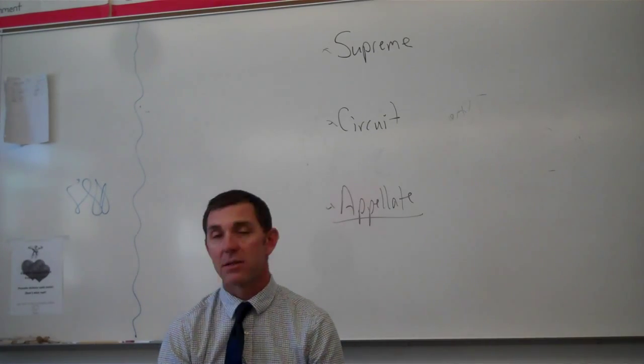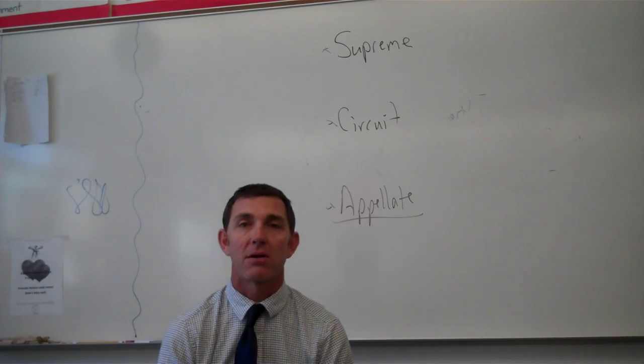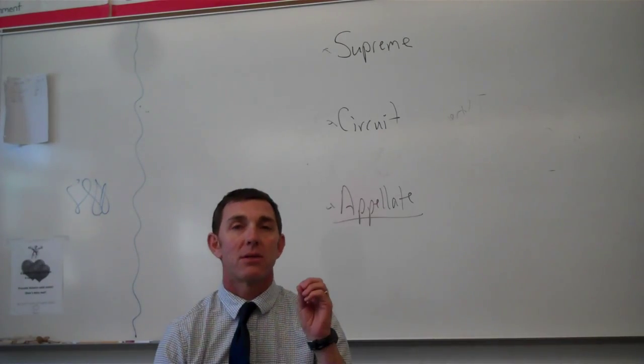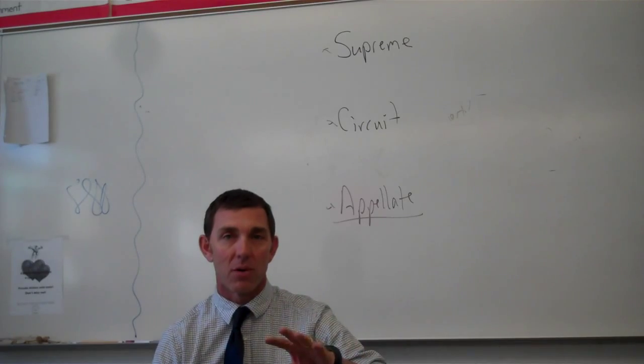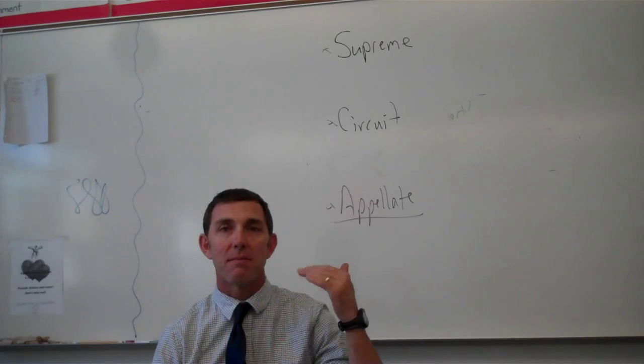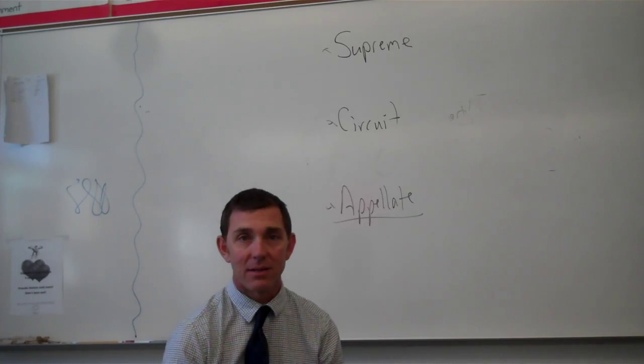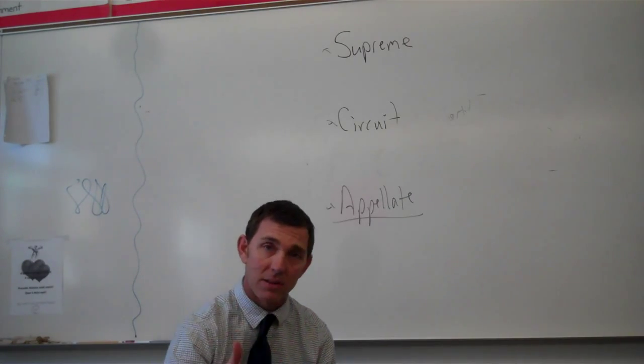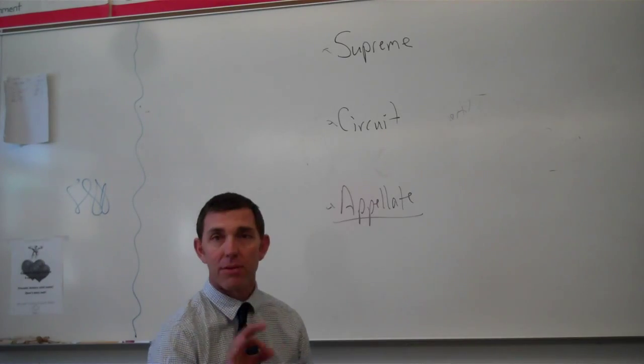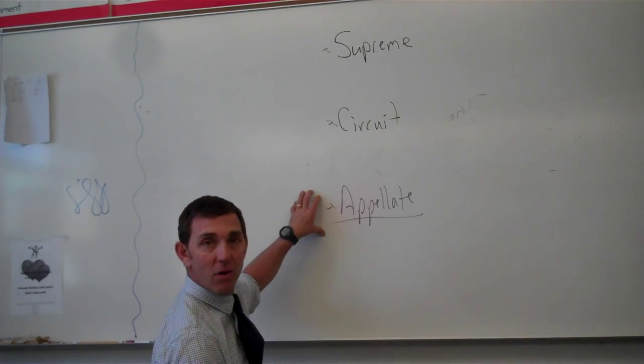First, the Constitution in Article 3 essentially creates one court, the Supreme Court. And then it gives Congress the ability to create all those inferior courts. So our federal court system has generally been three levels.